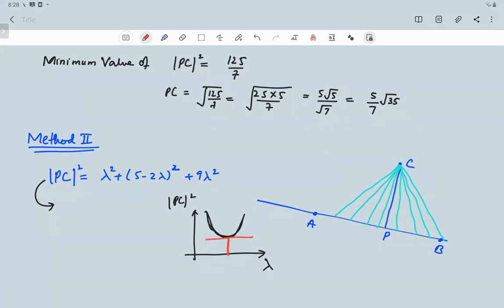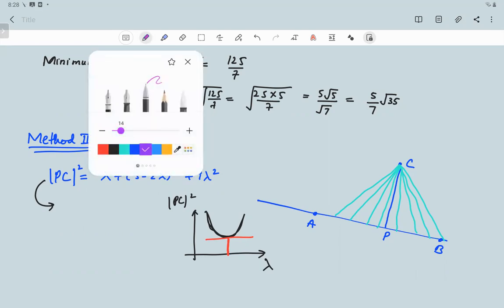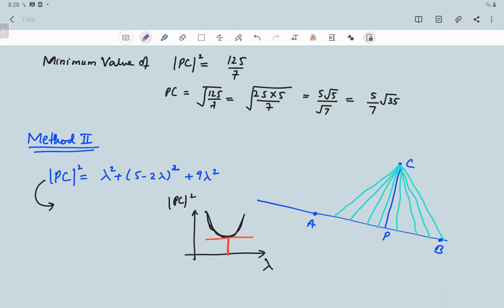I should take the derivative of PC square and equate it equal to 0. That will give me the value of lambda which makes this expression minimum. Okay. So we differentiate it. D of PC square over D lambda is equal to 2 lambda plus 2 into (5 minus 2 lambda) into (minus 2) plus 18 lambda.